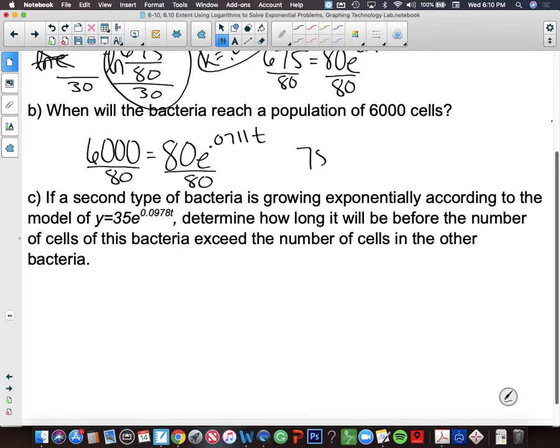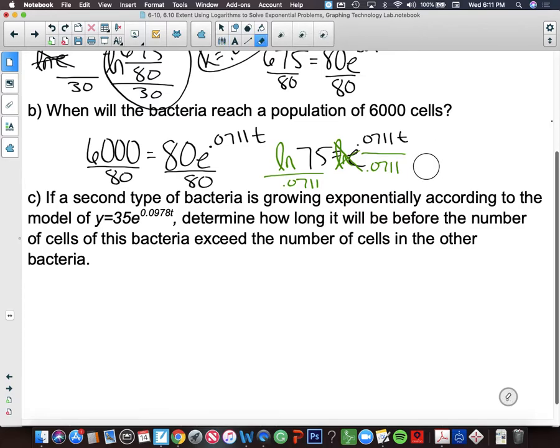So we're going to have 75 equals e to the 0.0711 times t, which from there, natural log both sides. That'll cancel out your e. Divide by 0.0711 on both sides. So when I do natural log of 75 divided by 0.0711, I get 60.72.